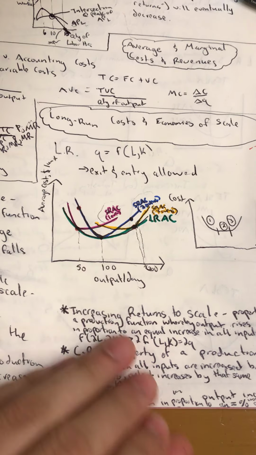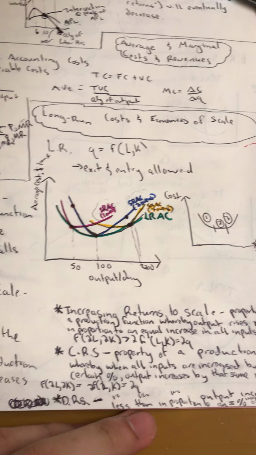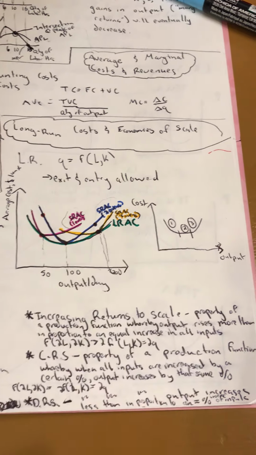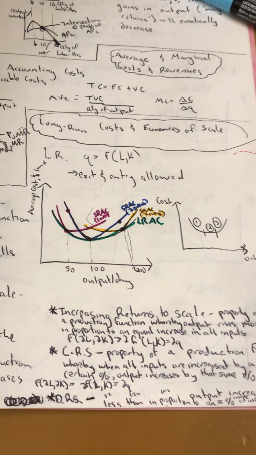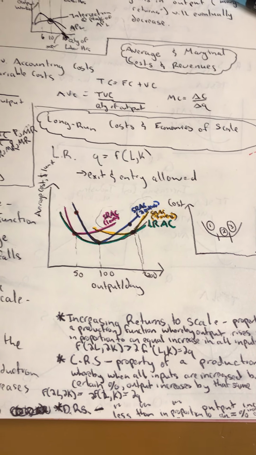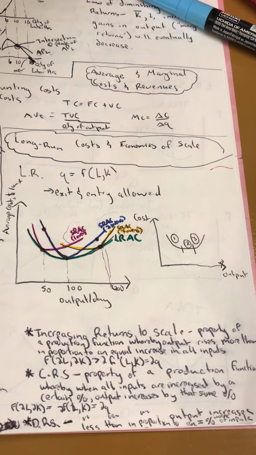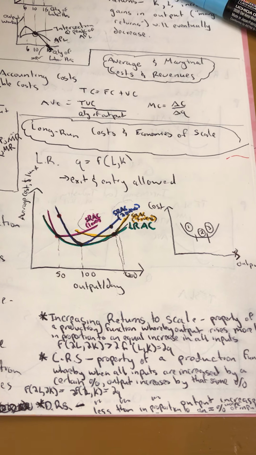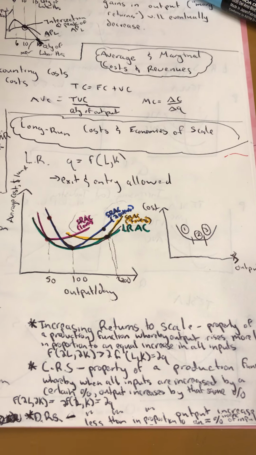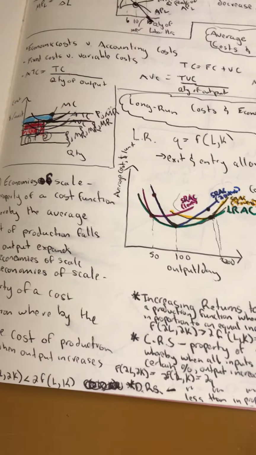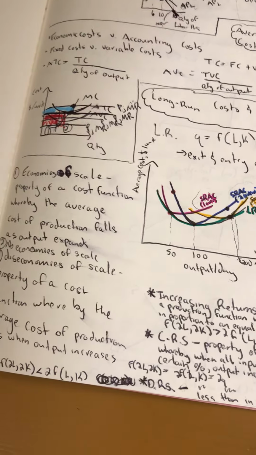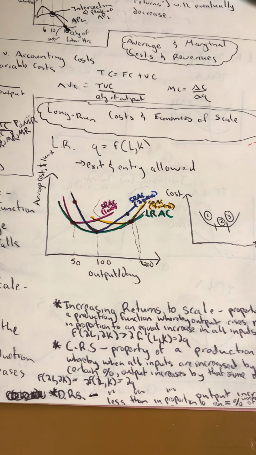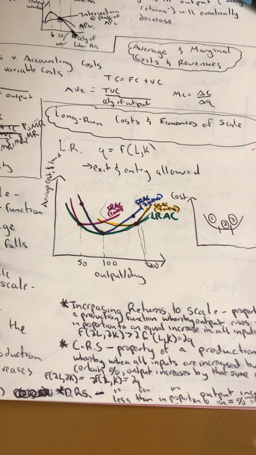Well, increasing returns to scale can happen because, and usually we think of this as kind of happening, this is just a simplification, like a model, right? We usually think of increasing returns to scale as happening over a range of smaller output, relative to constant returns to scale and decreasing returns to scale. Maybe constant returns to scale happening over a range of intermediate output, and then decreasing returns to scale happening over a range of increasing output. So you can get increasing returns to scale and economies of scale essentially by gains from specialization, right?